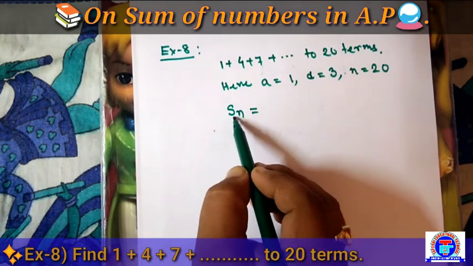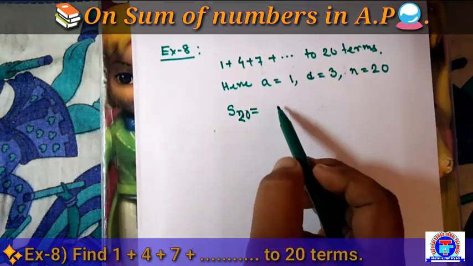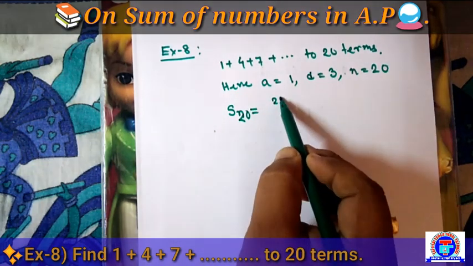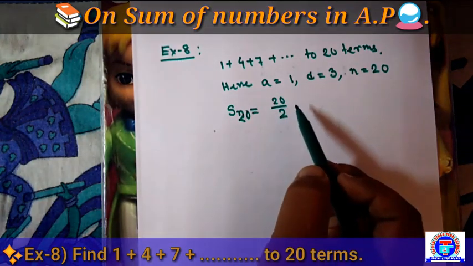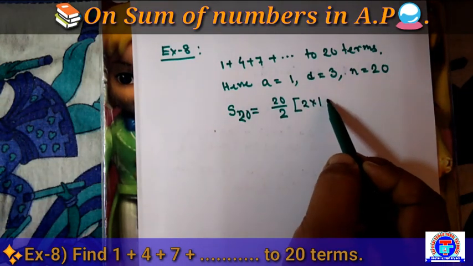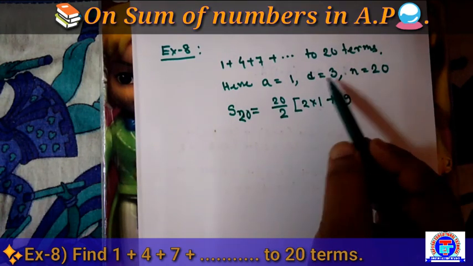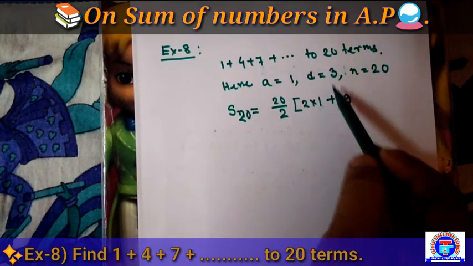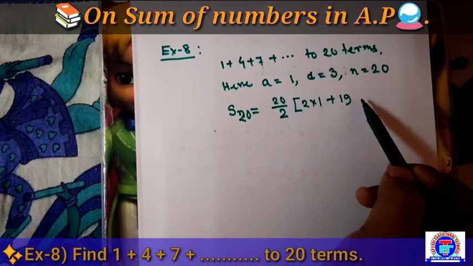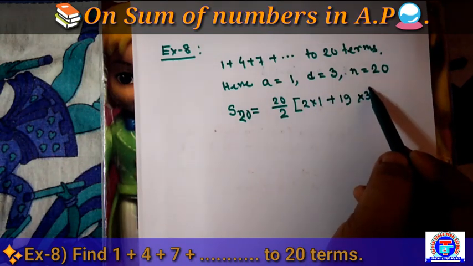So here we write S20 is equal to 20 by 2 in the bracket 2 into a, that means 2 into 1 plus 19, n minus 1 is 19, into the common difference 3 here.